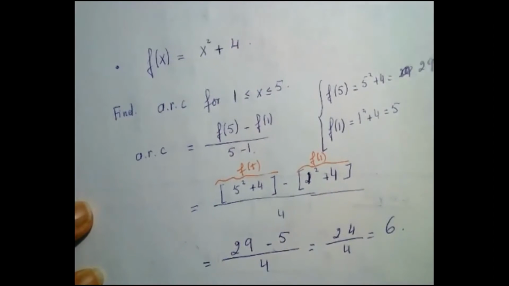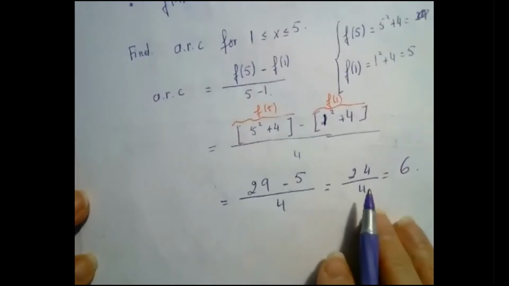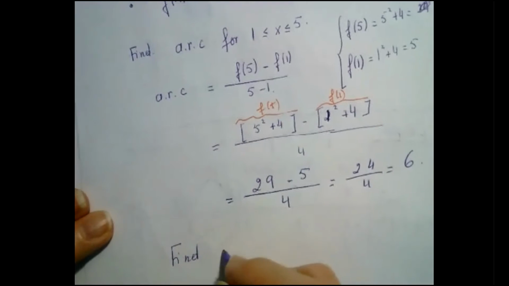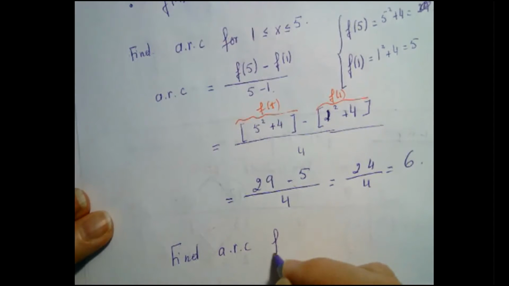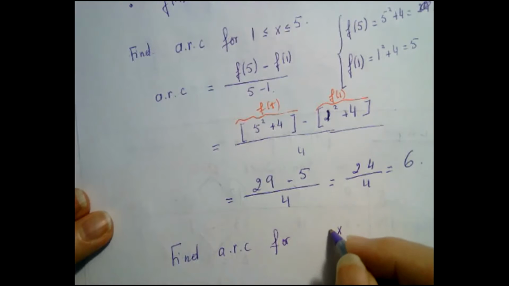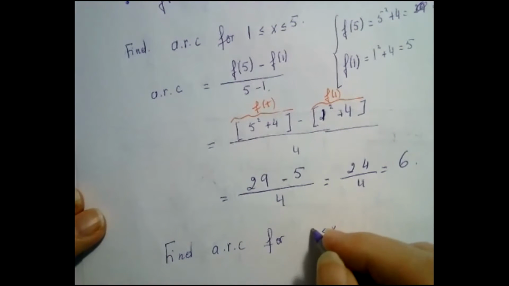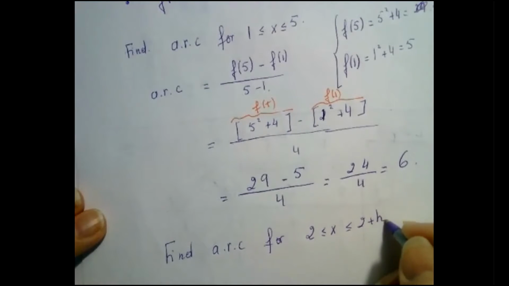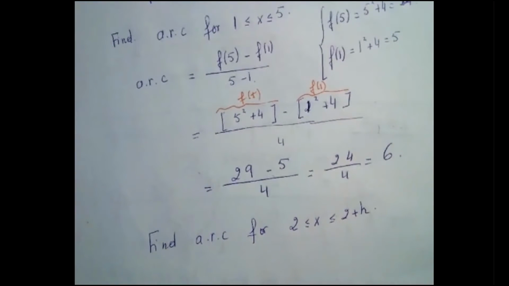Now, suppose I make the problem a little bit harder, and I tell you to find the average rate for x between, you're going to hate me for it, if you don't already, 2 and 2 plus h.